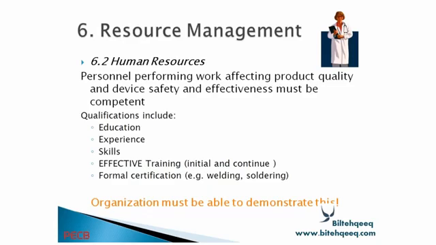So all the humans who are performing different activities must be competent in terms of their education, their experience, their skill, and they must have been trained effectively, and they must have the formal certification for their job. Like if you have a welder or soldering operator, he must have the related certification.